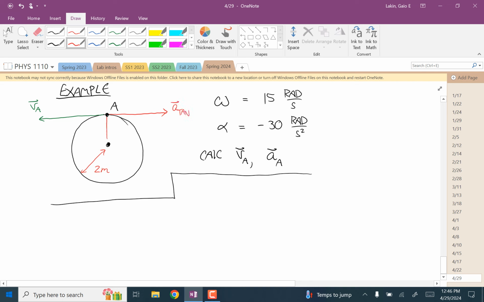The centripetal acceleration is toward the center. And now all we need to do is put these pieces together and figure out the magnitudes of those vectors. So for the velocity, we know that the speed is equal to 15 times 2, so 30 meters per second. It's in the negative x direction, and so the velocity of A is negative 30, 0.